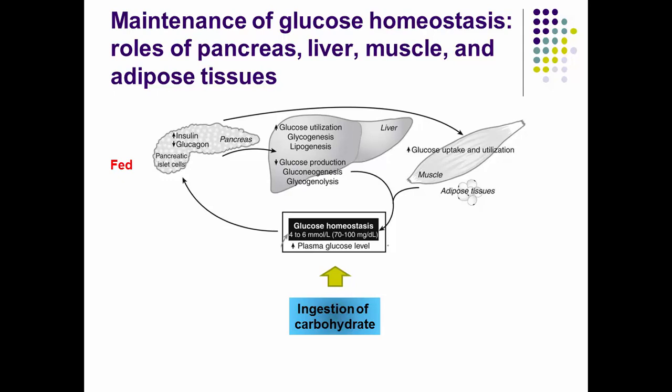So all these tissues work together to reduce the blood glucose level after a meal, to clear the blood glucose. So now the blood glucose is maintained at the normal range, right?